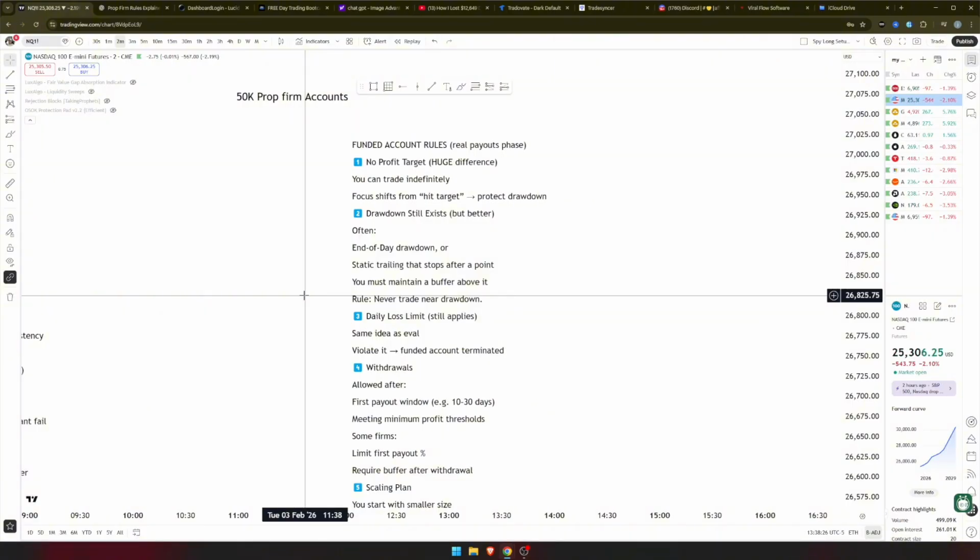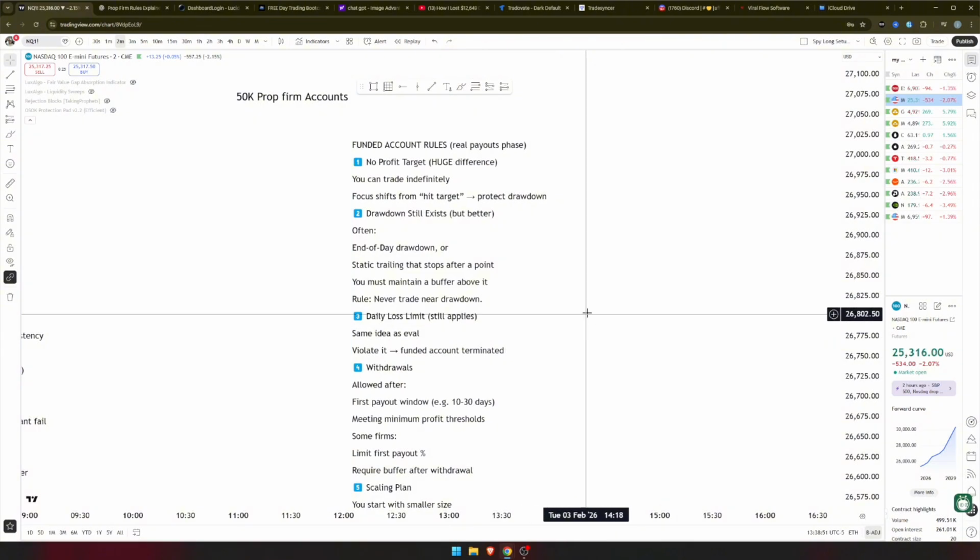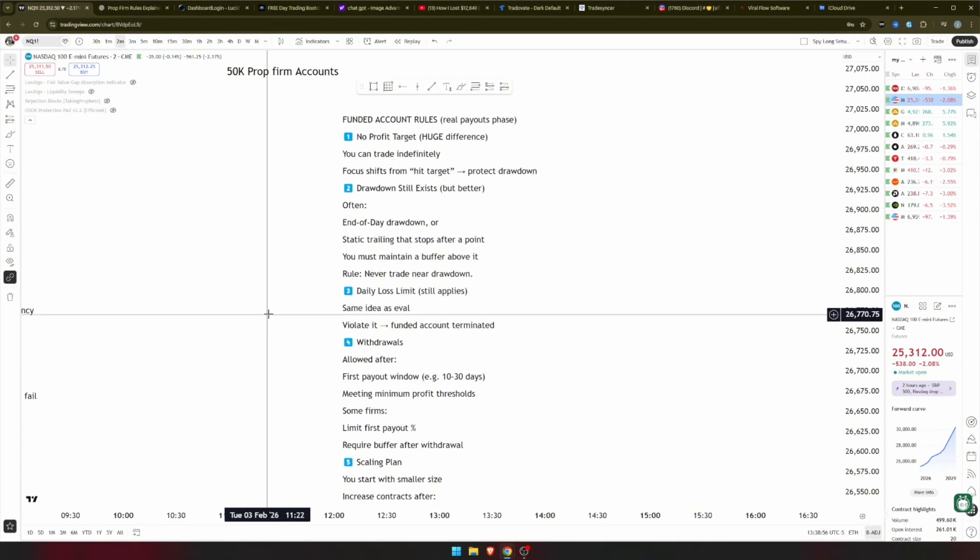Anything after that would be your buffer. You can go under your buffer and you can go over your buffer. It doesn't really matter as long as you're building a consistent buffer. You can take a payout from your buffer, or you can keep trading to keep building and compounding that account to get a bigger buffer and to make much more money. Then you can take payouts and buy more accounts, and copy trade. But that's all up to you.